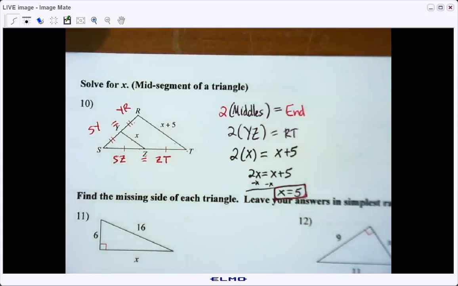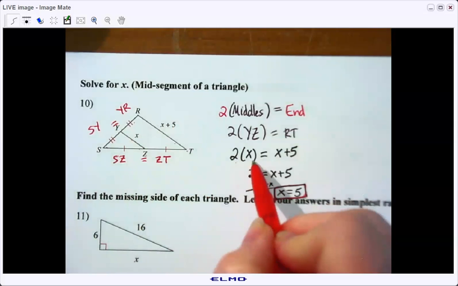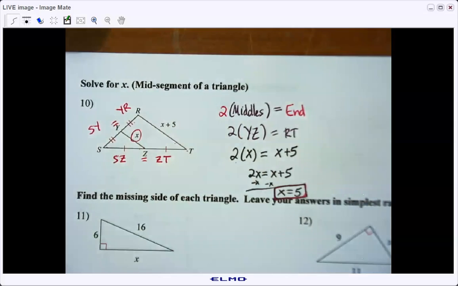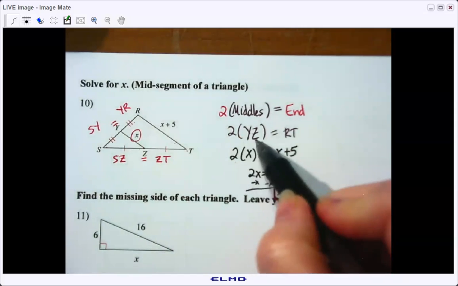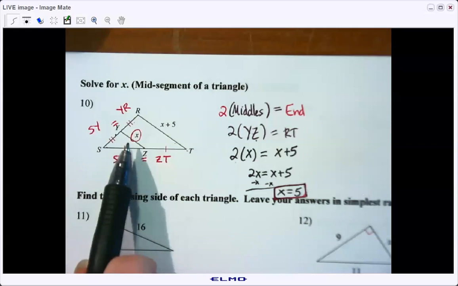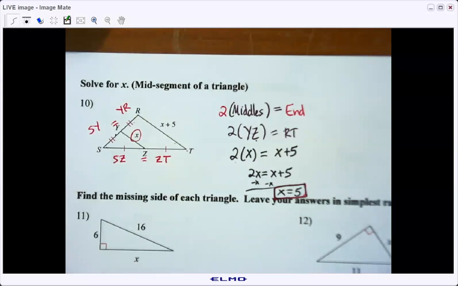Where did the 2X come from? I didn't catch that. Oh, because I took two of my middles and the middle value is X. That's the YZ distance. The YZ, the distance from Y to Z, which is my middle, is X. Is that a formula right there or no?